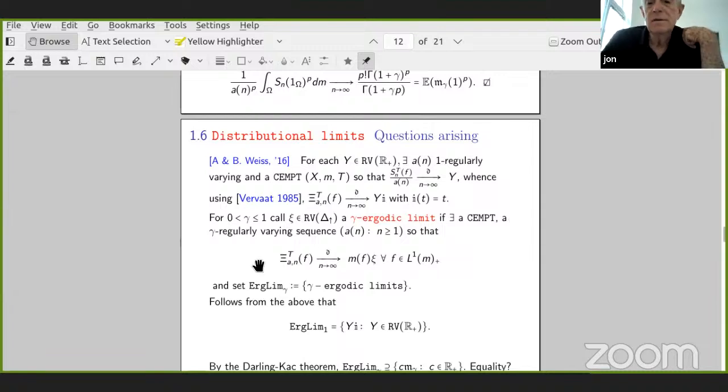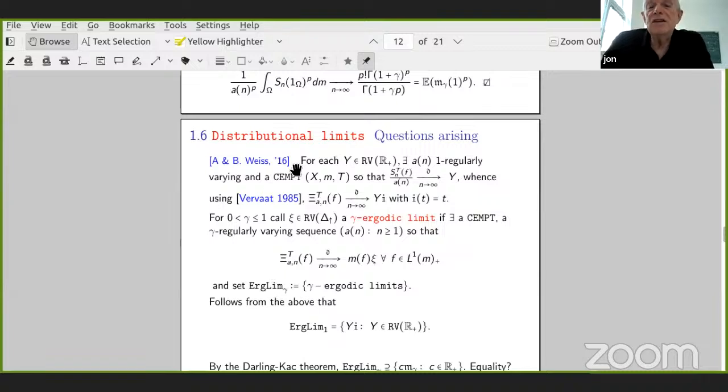So we want to put in random variables, random distribution functions, an ergodic, gamma ergodic limit, if there's a conservative ergodic measure preserving transformation and a regularly varying sequence, gamma regularly varying, so that you get M_f gamma, for every f in L1 plus. So you look at the collection of ergodic limits.